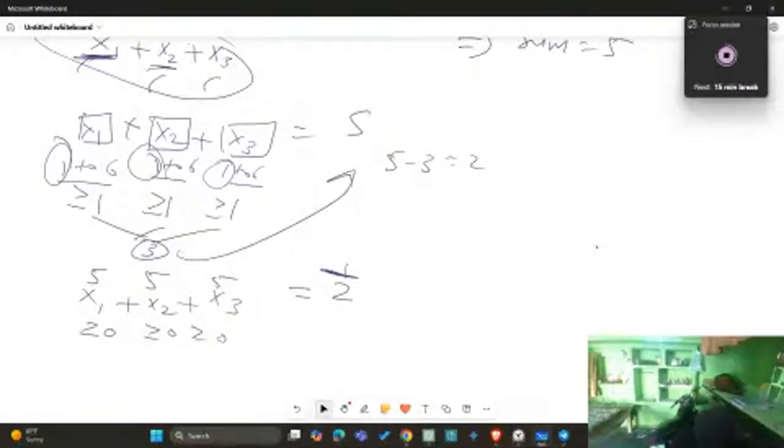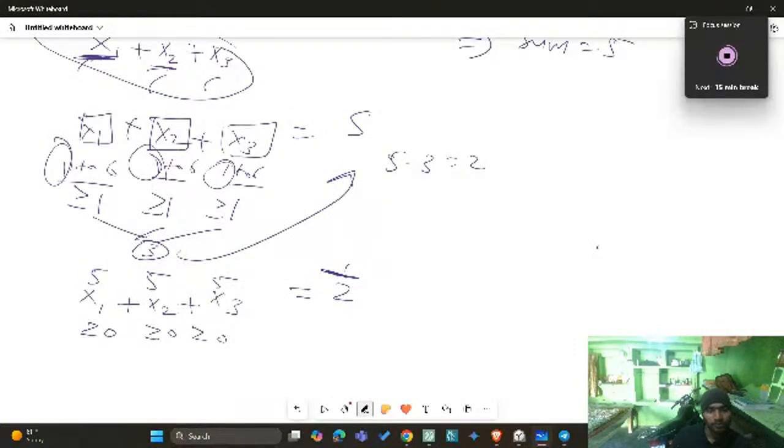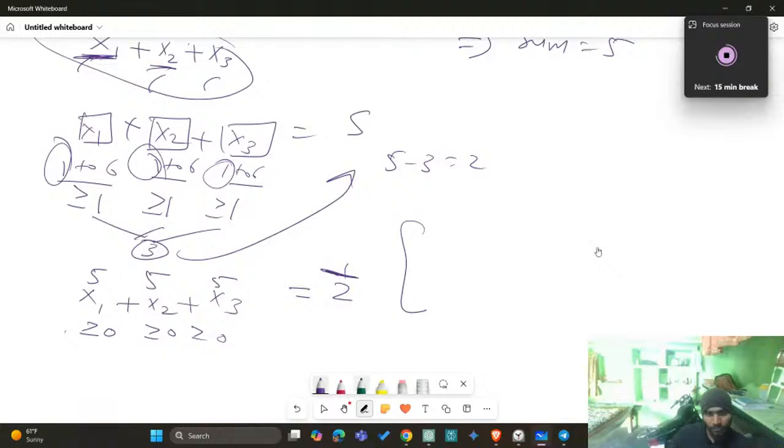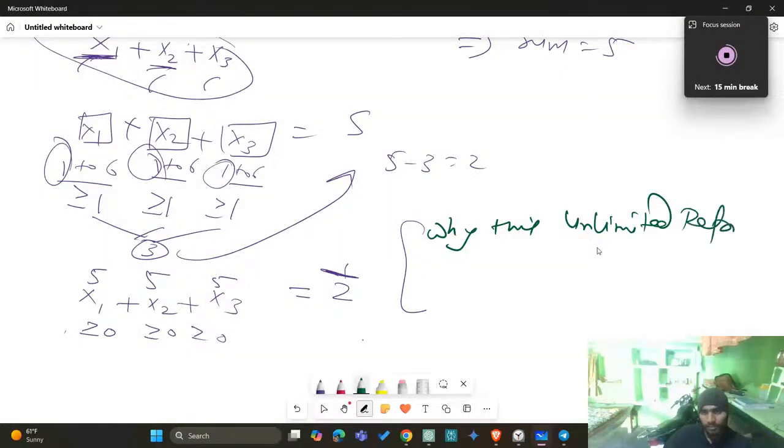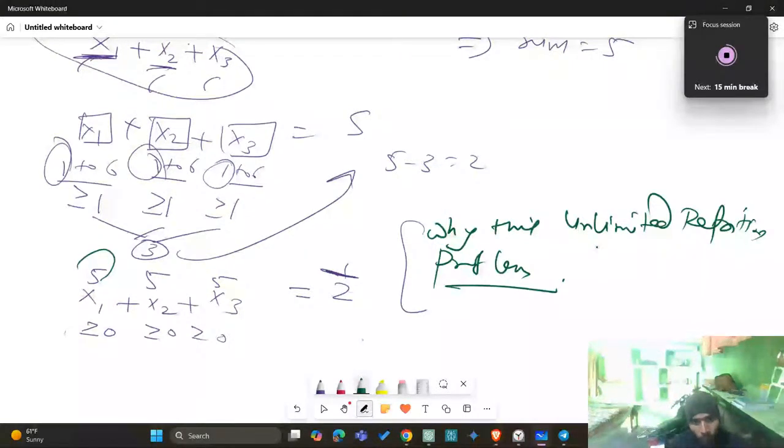So why is this an unlimited repetition problem, and not a limited repetition problem? Because we are expecting the sum to be 2, which is less than the maximum value.